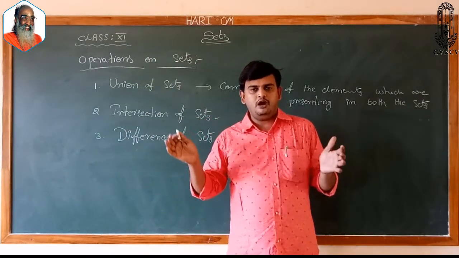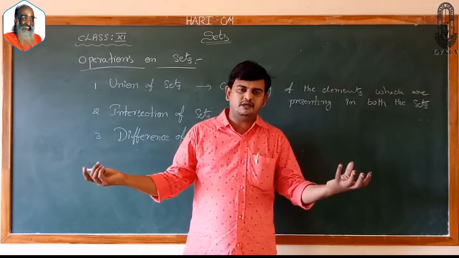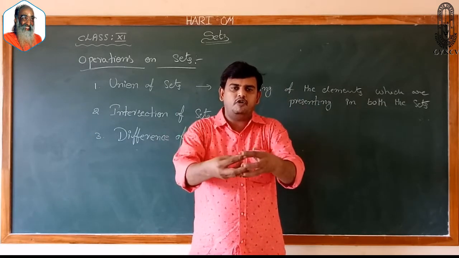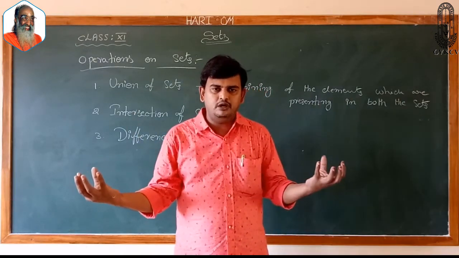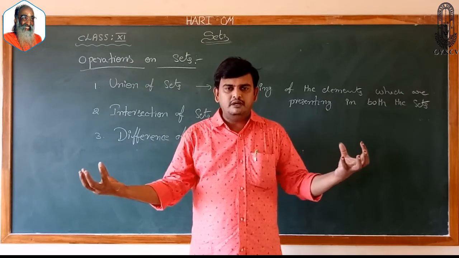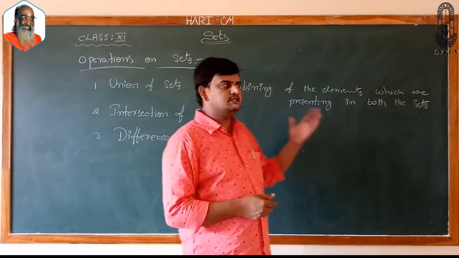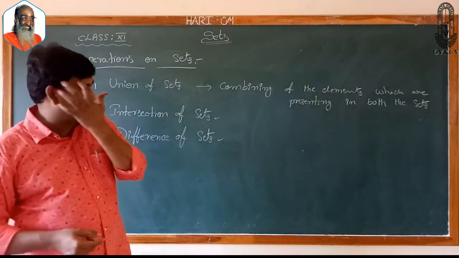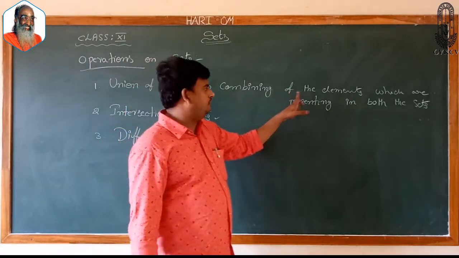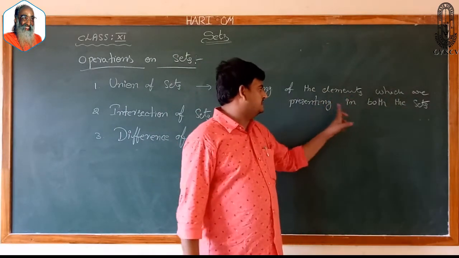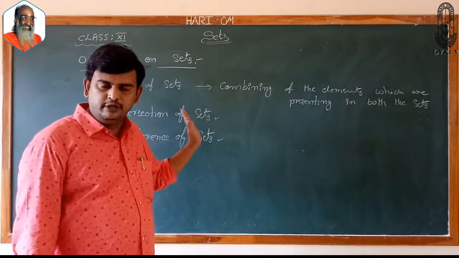Here also we have 2 sets, set A and set B. In set A we have some elements, in set B we have some elements. All these elements together form another set, another group. That is called union of sets. So a simple definition is combining the elements which are present in both the sets. That is operation on union.